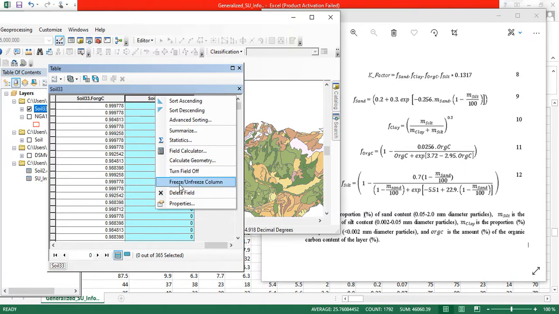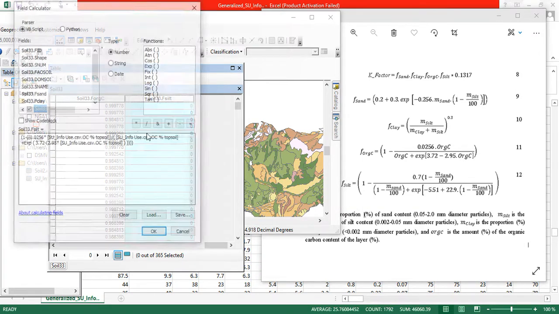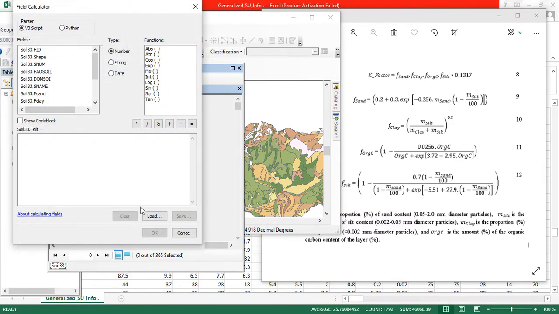So go into your field calculator, you clear this, open brackets, one minus, open another bracket here, and we're having two brackets here, 1 minus 0.7 multiply by another bracket open there, multiply by 1 minus m sand divided by 100. So that will be after two brackets.